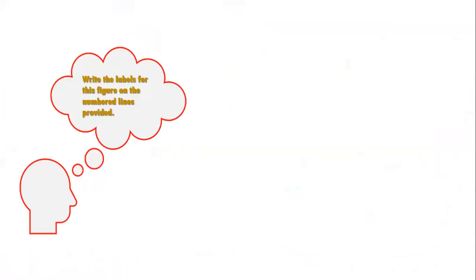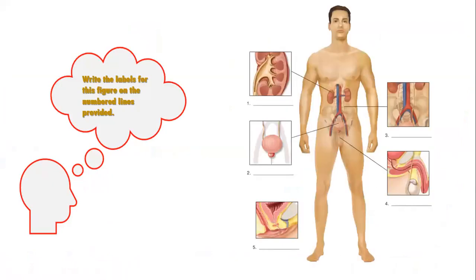Now we will write the label for this figure on the number line provided. Here is what we talked about last week. Who can give the name of number 1?